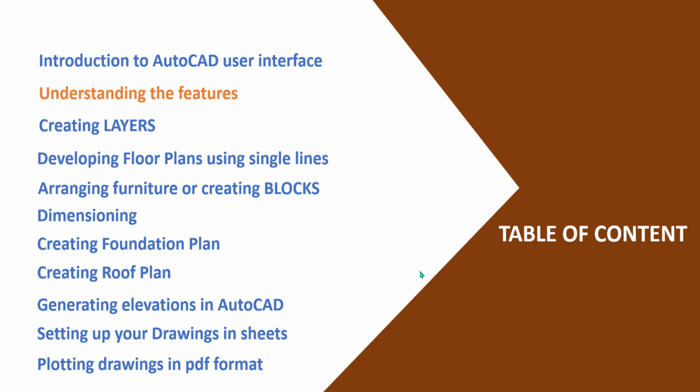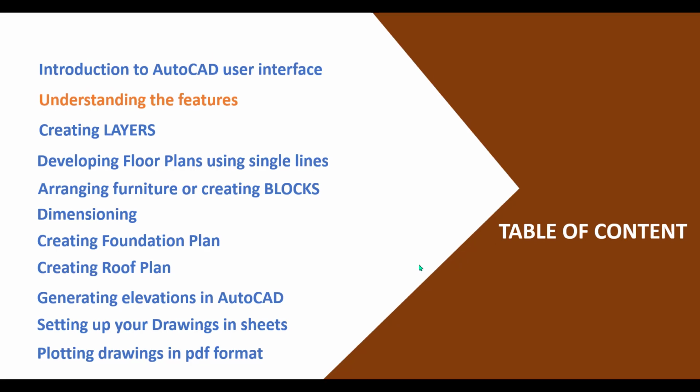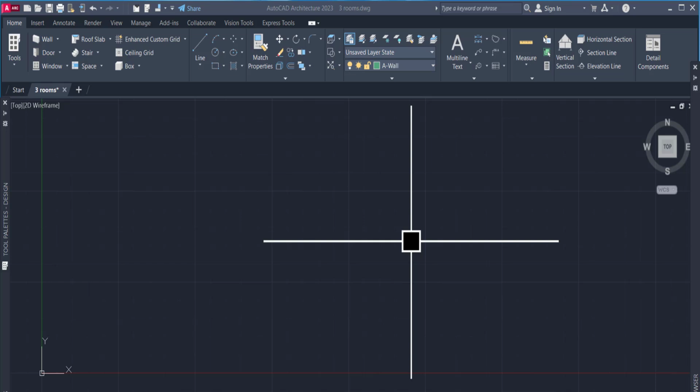Now let's move ahead to the interface of the AutoCAD software. So this is the user interface of AutoCAD Architecture 2023. Now, when you move to this area, this black screen representing the working area or your workspace, it's actually called the Windows electronic background.